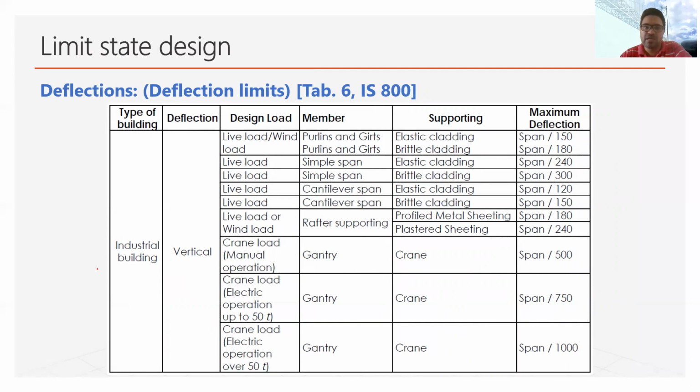If you refer to Table 6 of IS 800:2007, you can see this table. It shows the type of building and vertical deflection. So there are limits for different members. These limits are generally taken while calculating the actual deflection in the member.